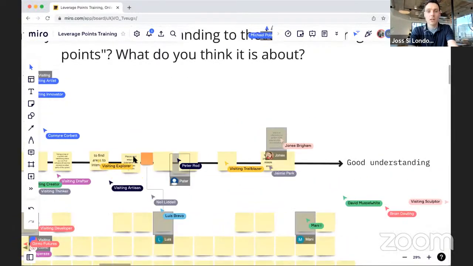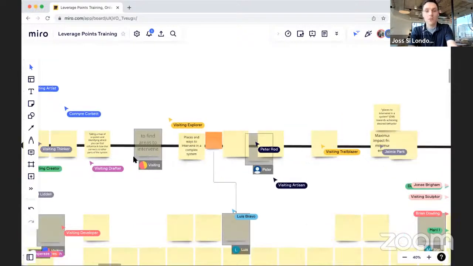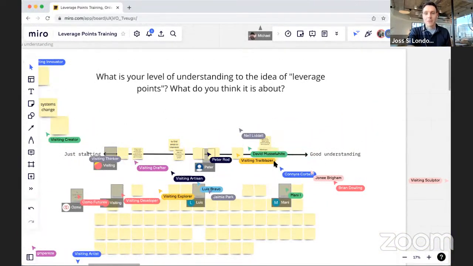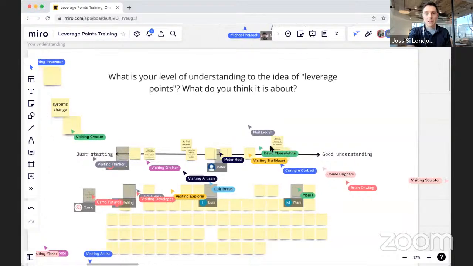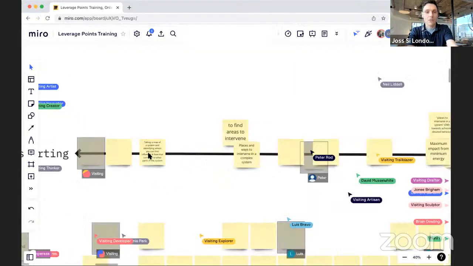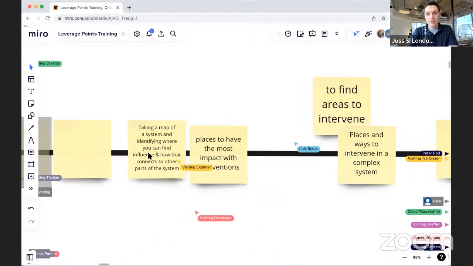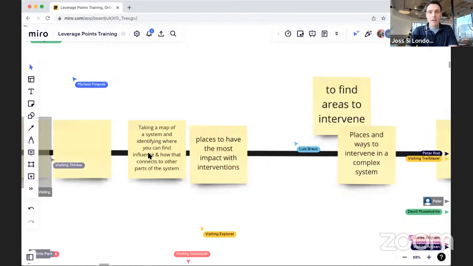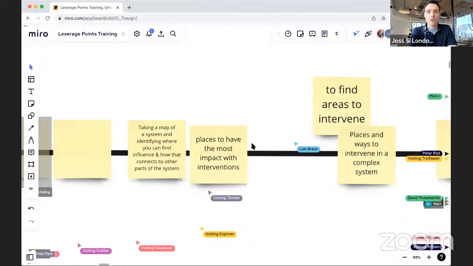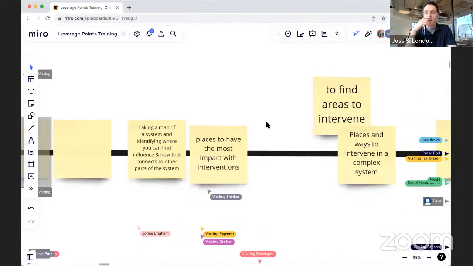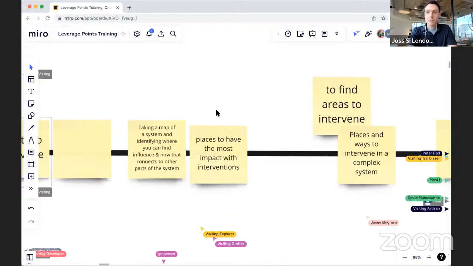Let's quickly take a look at what you came up with. Quite a spread, all the way from beginners to people who have a good understanding of this. So what do we have? What are leverage points about? Taking a map of the system and identifying where to find influence and how that connects to other parts of the system. Very good. Places to have the most impact with interventions. Okay.